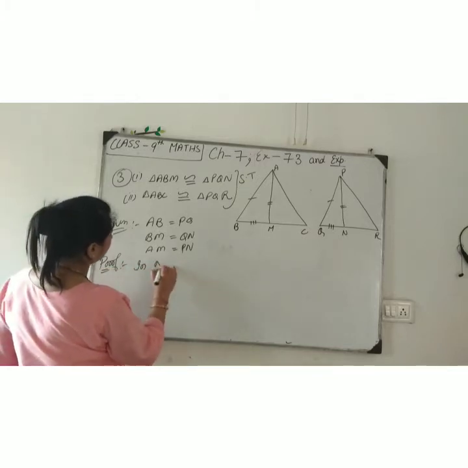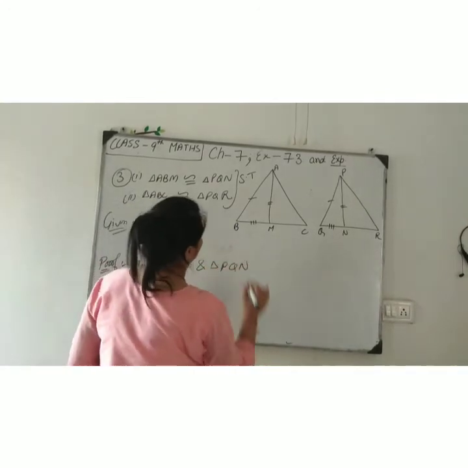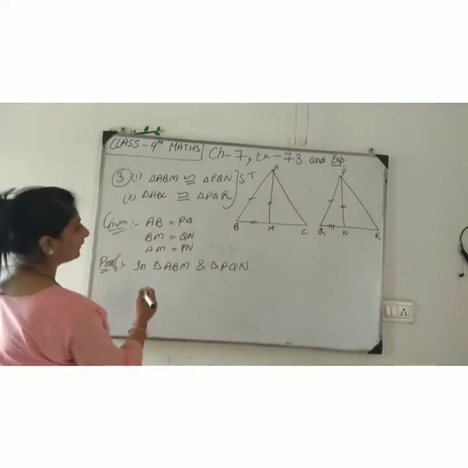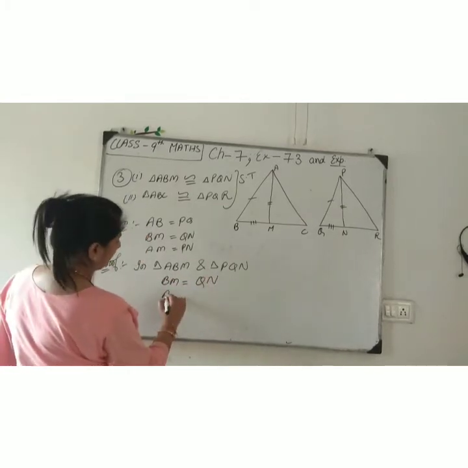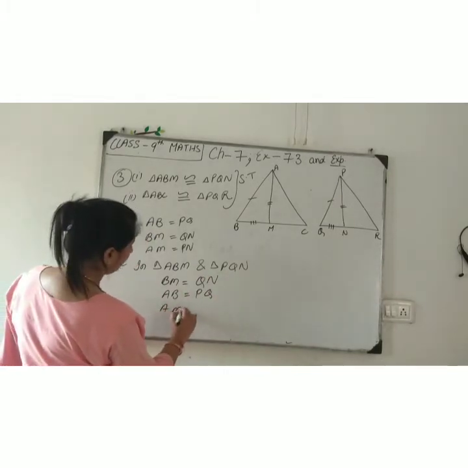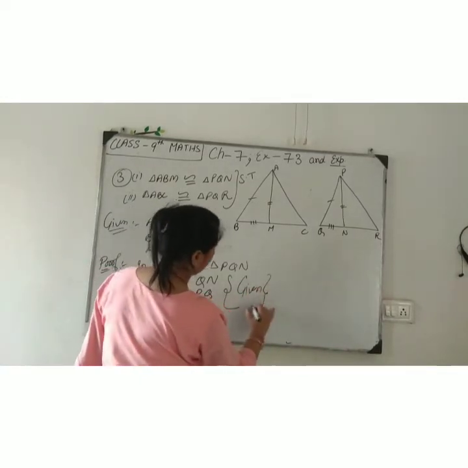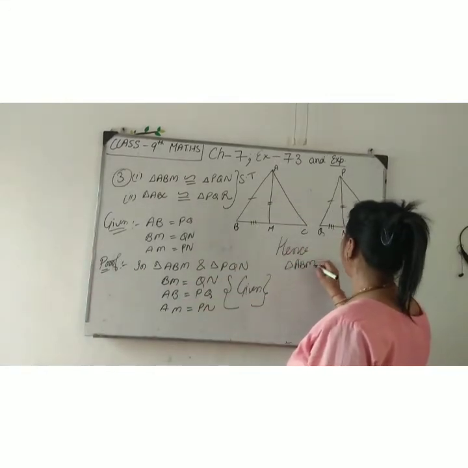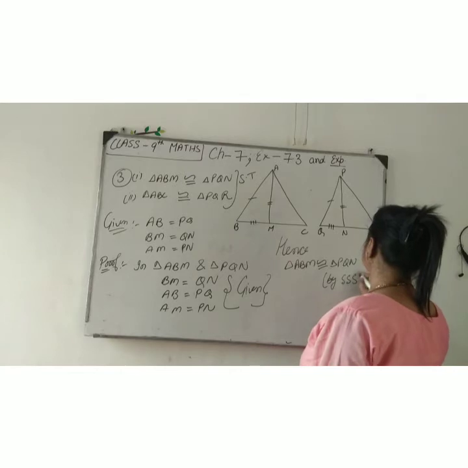First, in triangle ABM and triangle PQN, first you write BM equals QN, AB equals PQ, AM equals PN. What is the reason for all? Given. So hence triangle ABM is congruent to triangle PQN by SSS.